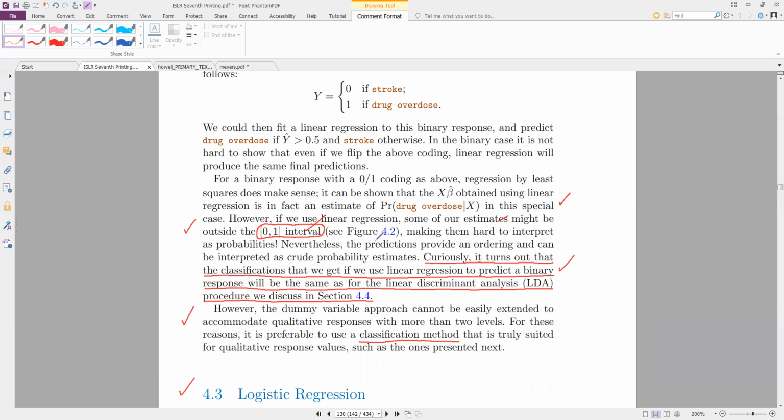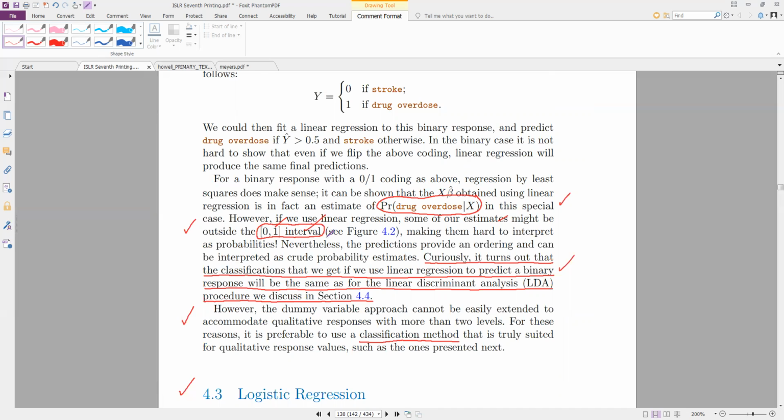So when you're actually trying to predict, if you use just classical linear regression, we're going to see that you can actually get probabilities that are out of bounds. So here's the probability of drug overdose given X, but if you use a classical linear regression, these probabilities may be out of bounds. They're out of the 0-1 interval.